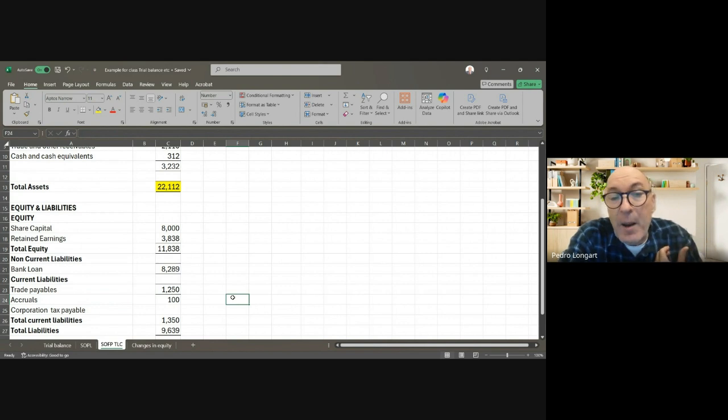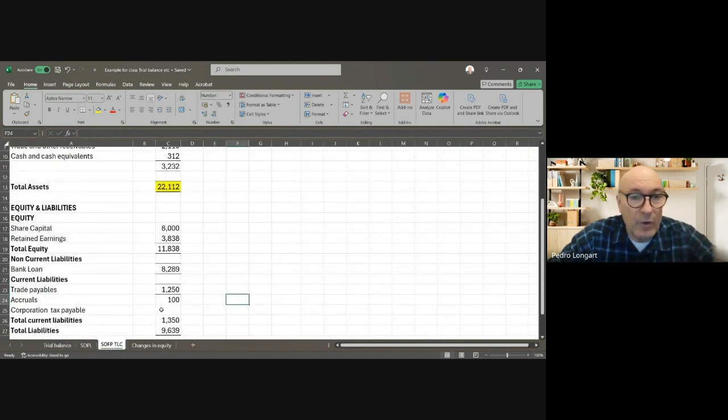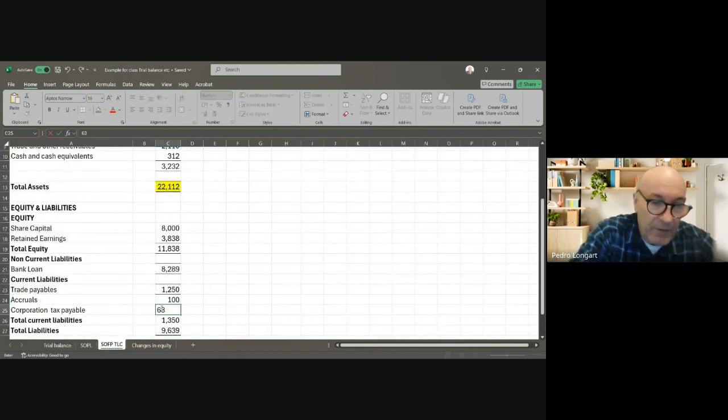Coincidentally, it's the same number. It may be that you have a value that was split into 2 years. Let's say you have an agreement with the taxman to pay 50% this year and the other 50% the following year. Coincidentally, it is the same value. You can see 635, 635. This is the value that goes here, 635.